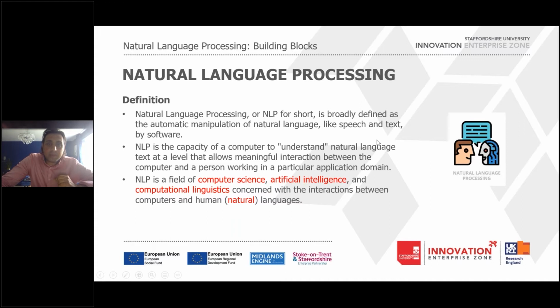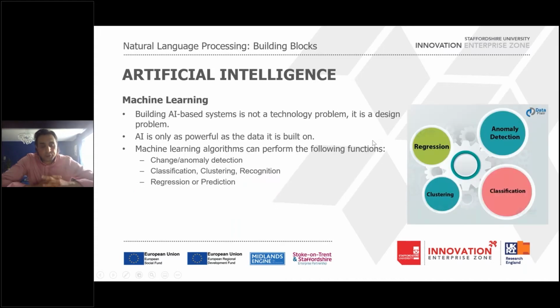So when we talk about artificial intelligence and its subcategory, machine learning, we are talking about building an AI solution. And nowadays, building such a solution is not really a technology problem as such. It is a design problem.